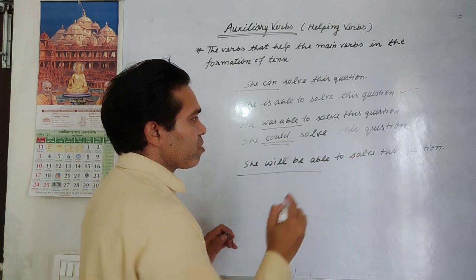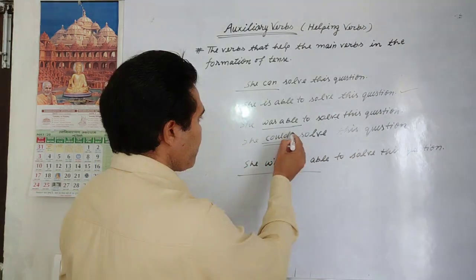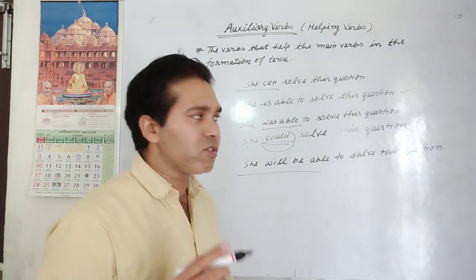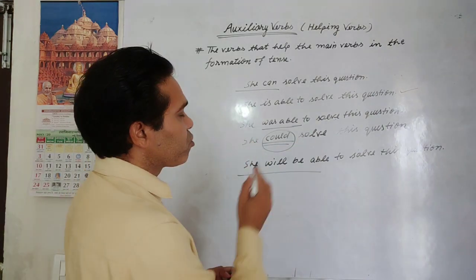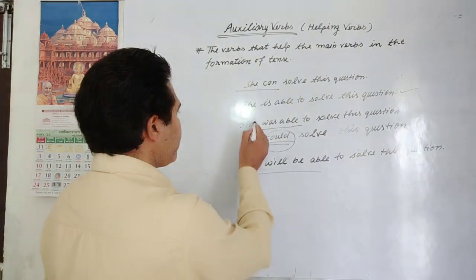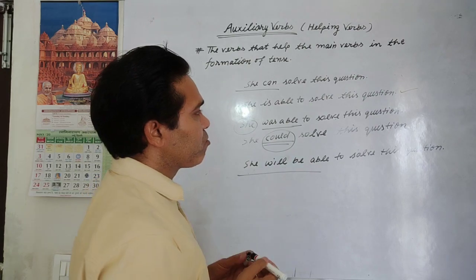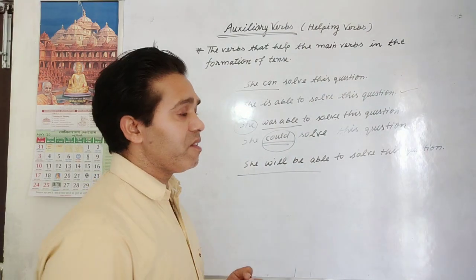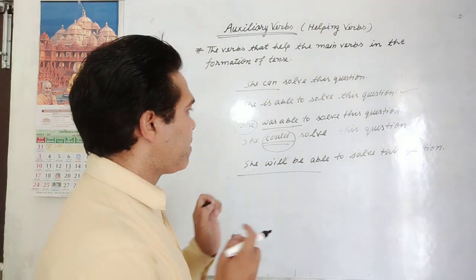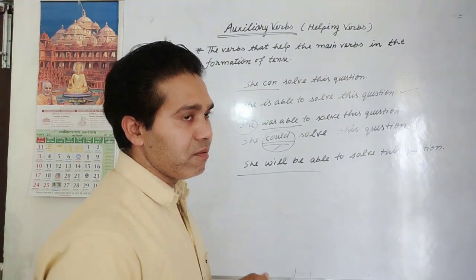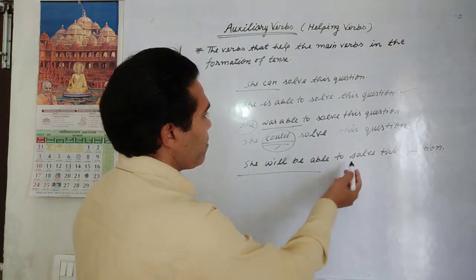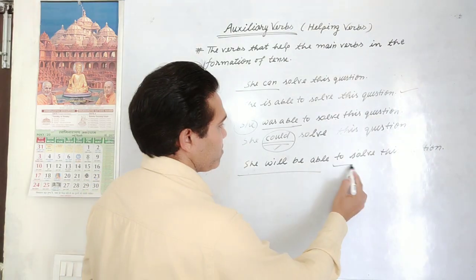She could solve this question means in past tense, as I have told you, could shows the ability to do something in past tense. But if we say she was able to solve these questions, it means more possibility. Okay, she will be able to solve this question in future tense.